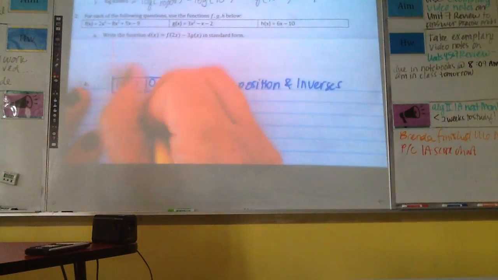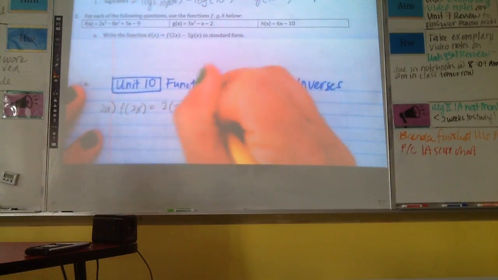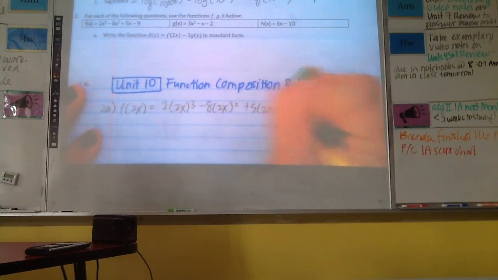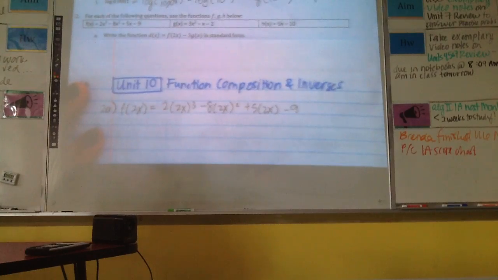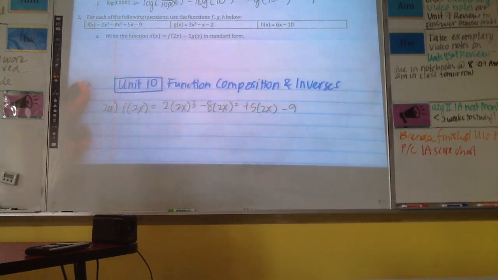So it'll look like 2 times 2x cubed minus 8 times 2x squared plus 5 times 2x minus 9. I'm just putting 2x into each of these x values. To evaluate, I use the order of operations, PEMDAS. I need to deal with the exponents first, so let's deal with this 2x cubed.